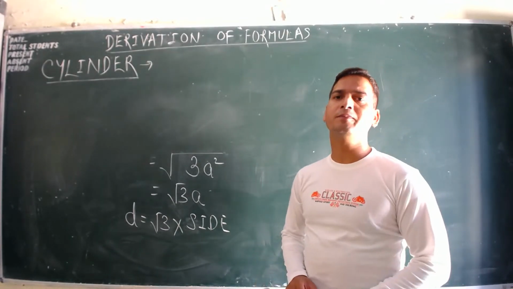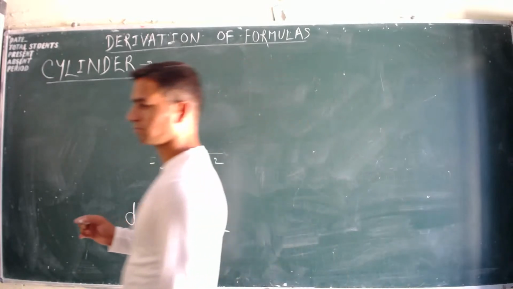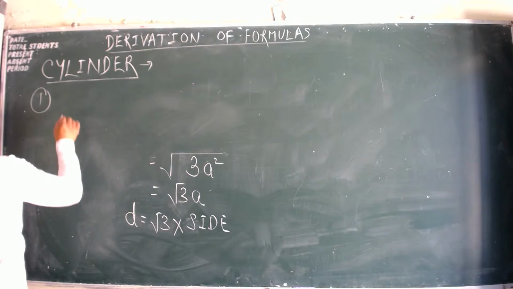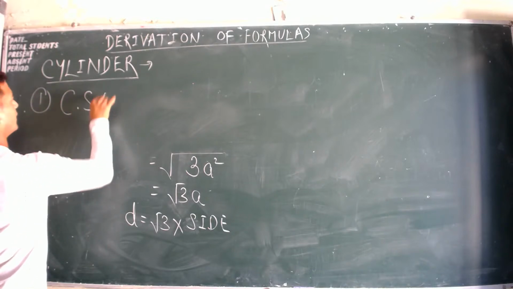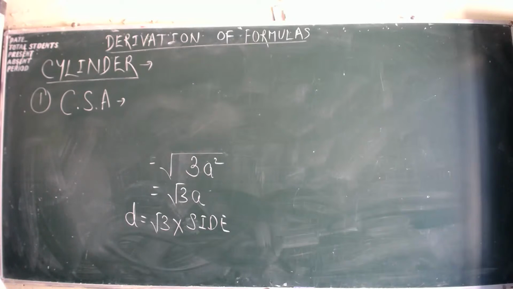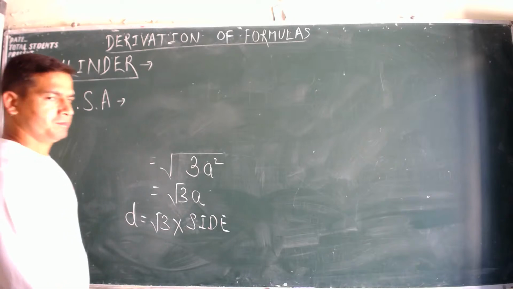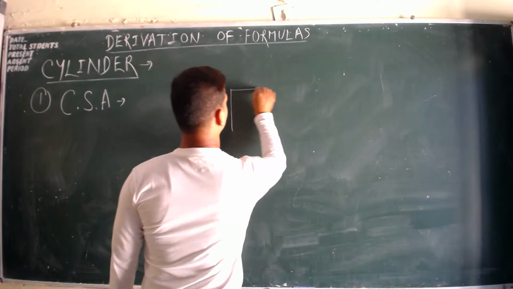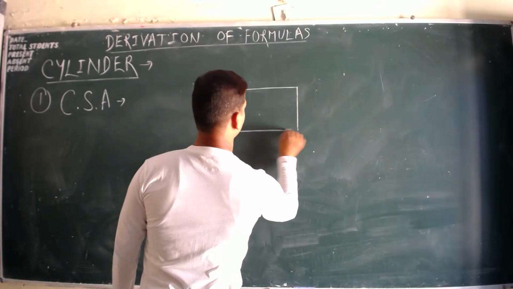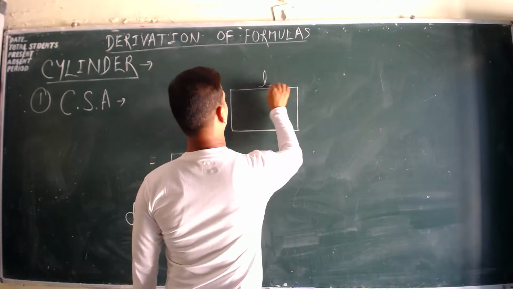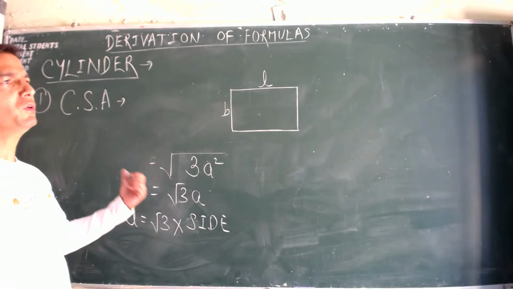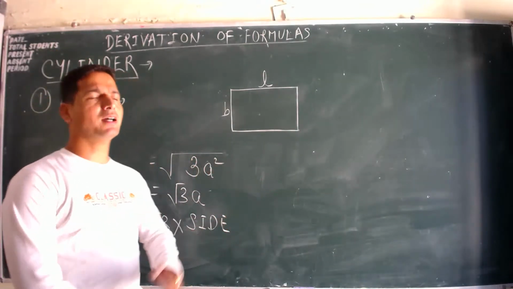So, come to cylinder. The first part is curved surface area of a cylinder. Suppose for finding the curved surface area, we take a rectangle whose length is L and breadth is B. This has been told to you in math class.